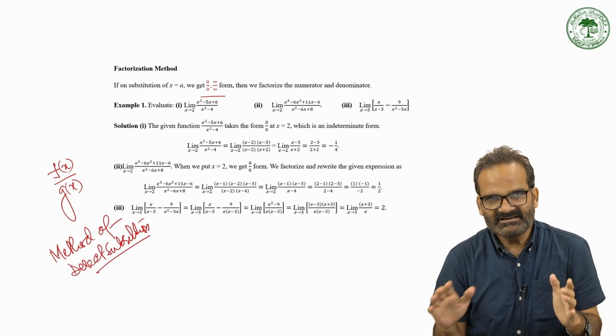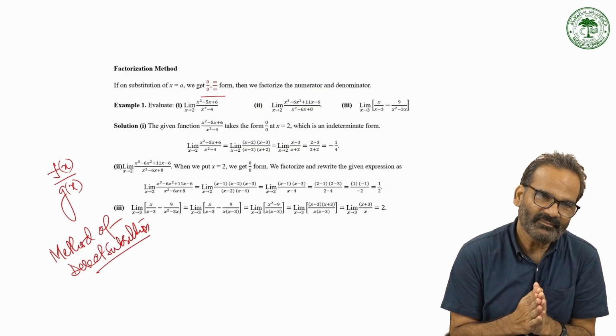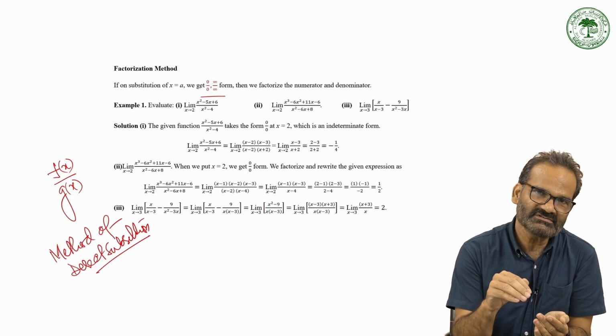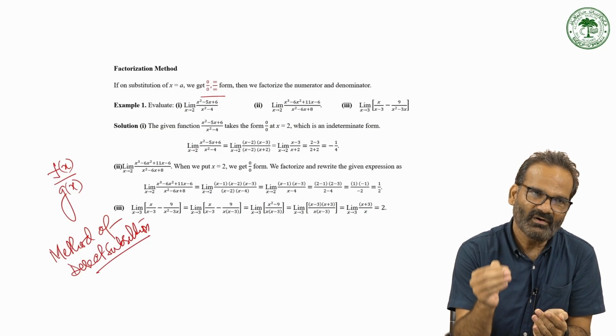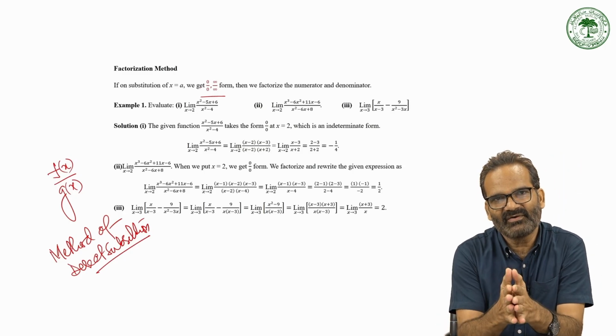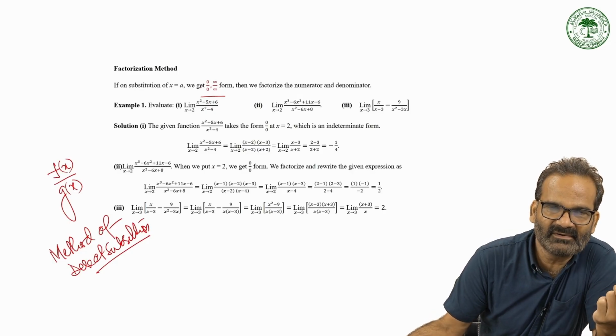So what is the idea? The idea is this: whenever the function is of the type numerator upon denominator, what we will do first is use the method of direct substitution, means put the value of x directly in the given function and then simplify it. There are two ways. Either you will get a finite number.